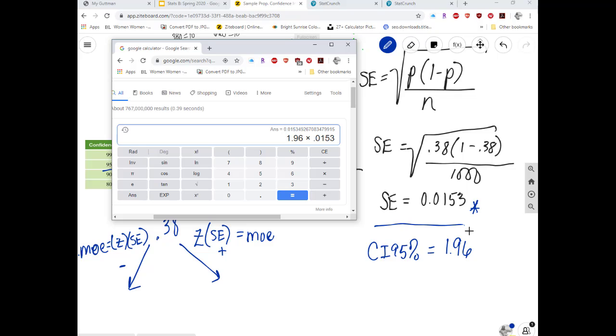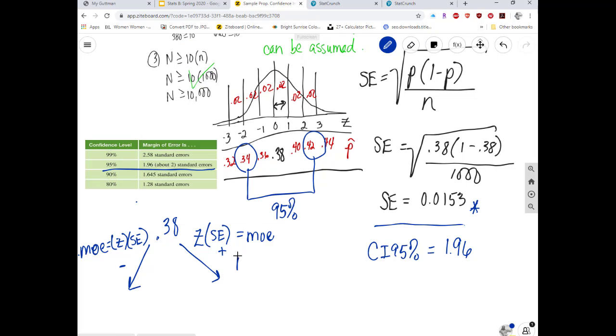Okay, I rounded a little bit, but not as much. And I'm going to get that my margin of error is 0.0299. So the margin of error is going to be the same on both sides. If I wanted to round this, I could just round the MOE to 0.03. It's very, very close to 0.03.